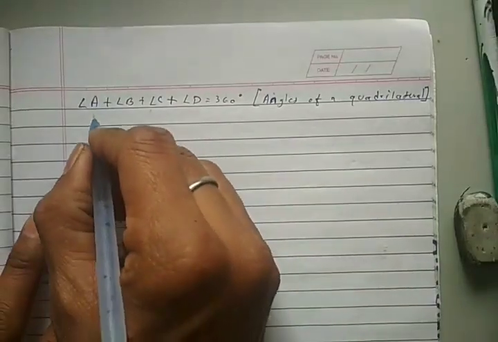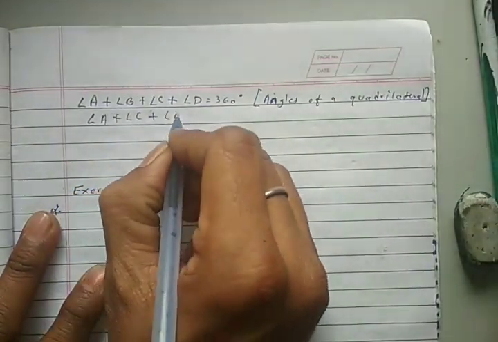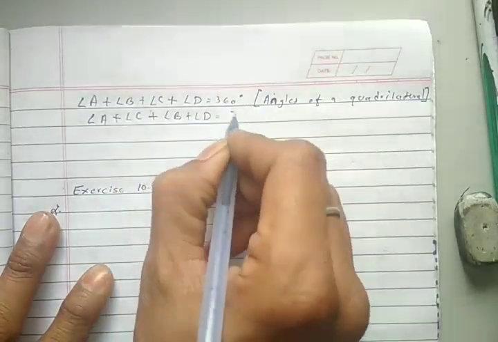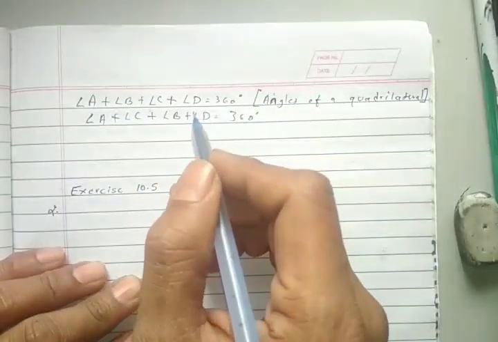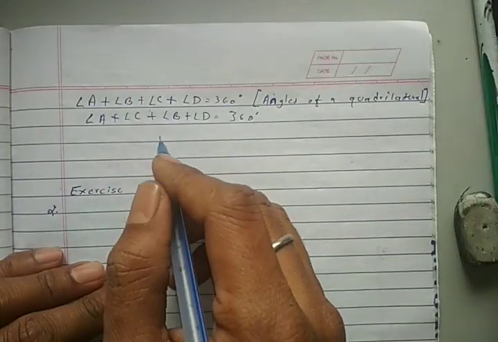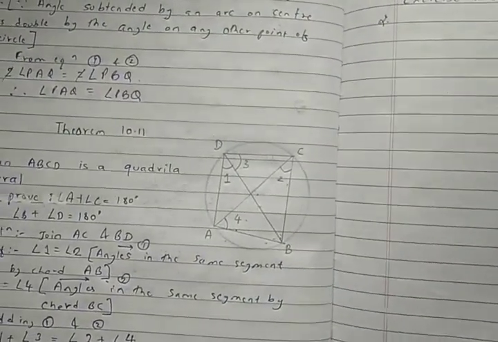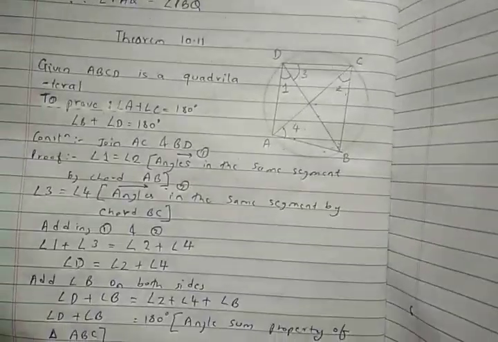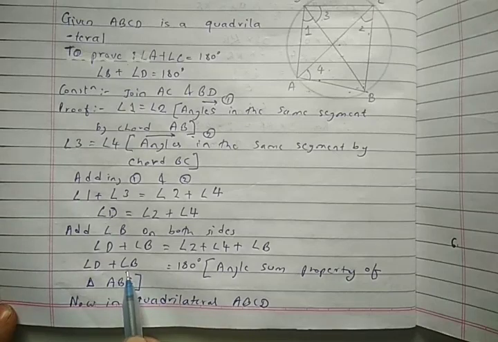Now if we add angle A and angle C and angle B plus angle D, it will not change the equation. Now, here we have written angle D plus angle B is 180.